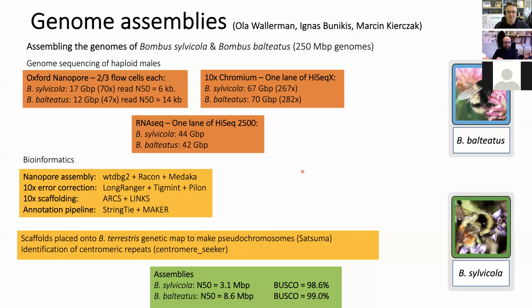So the first thing we did is to produce the genome assemblies of these two species. They have 250 megabase genomes, which is quite convenient for genome assembly, fairly small sized. We used Oxford Nanopore long read sequencing as the sort of backbone for these assemblies.